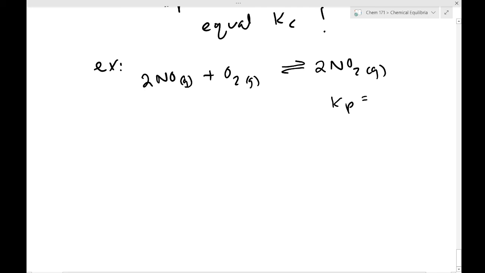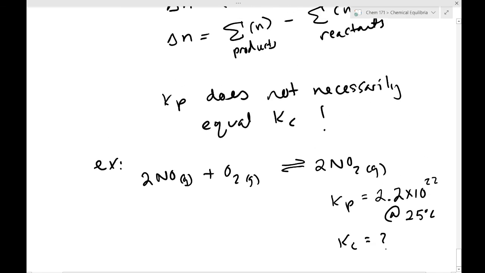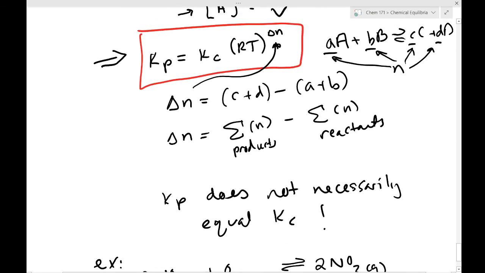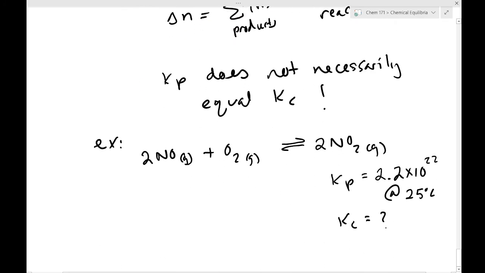Say we measured it or we looked it up in a book, 2.2 times 10 to the 22 at 25 degrees C. Okay, how about Kc? What does Kc equal? We know Kp, therefore we can use this relationship up here to calculate Kc.